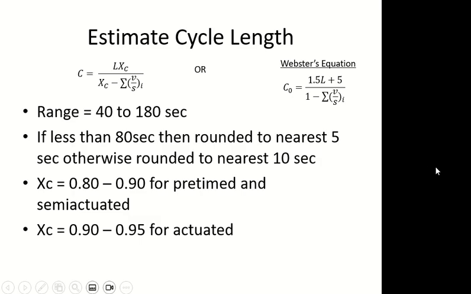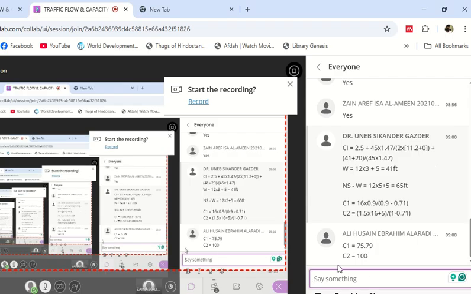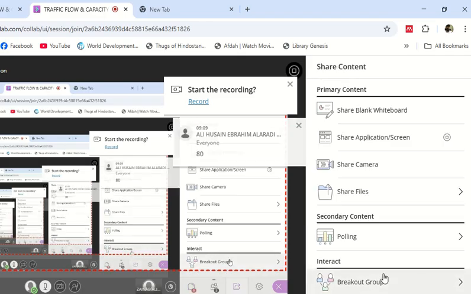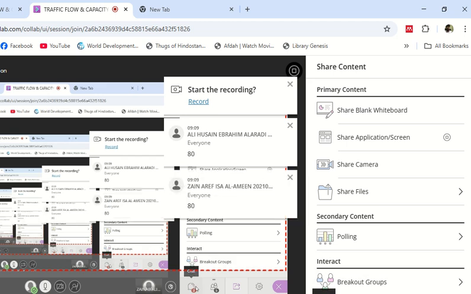Tell me. So C2 has no problem, right? C2 is already exactly 100. What about C1? Should I round it off to 80 or 85? 80.